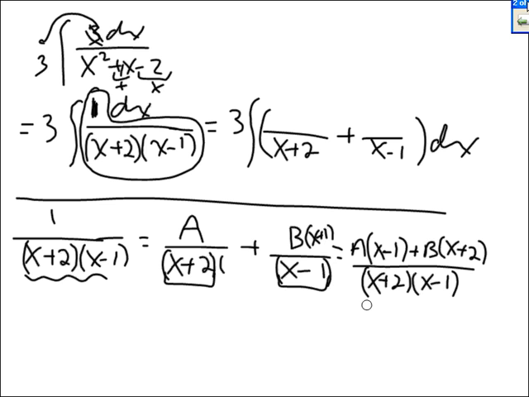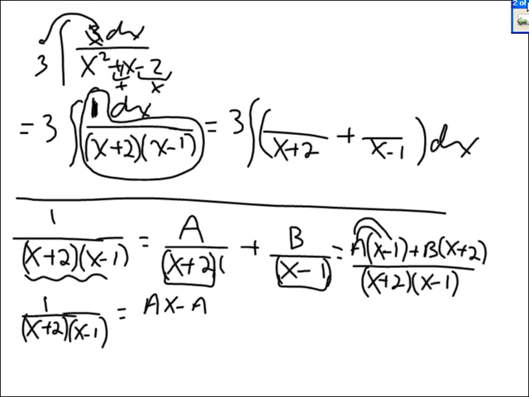Okay, so now let's clean up the numerator all the way to the right and collect like terms. 1 over x plus 2 times x minus 1 is equal to ax minus a plus bx plus 2b, all over the same denominator as to the left.